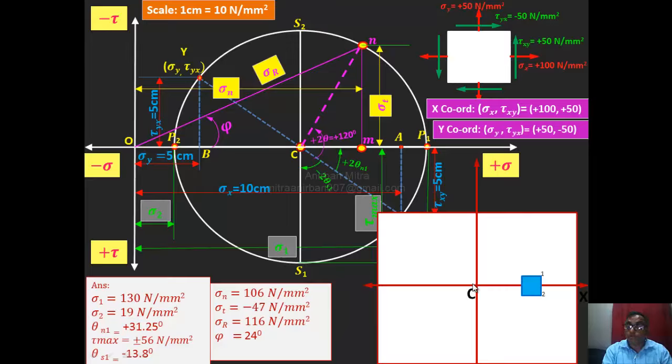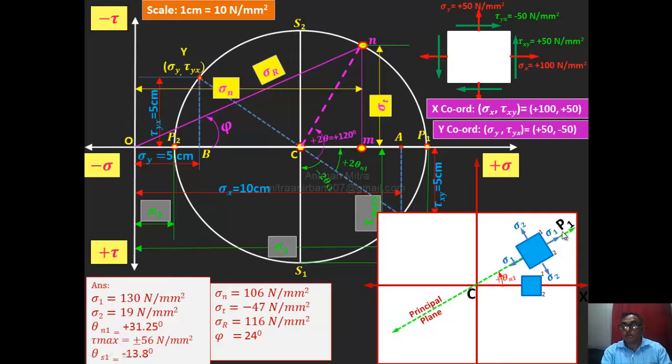Now we have to measure this angle from CX in the anti-clockwise direction as it is positive. Just see this. Here theta n1 is coming positive, meaning anti-clockwise, and this is that element. This plane is called the principal plane, named CP1. I am representing it with your Mohr circle CP1.